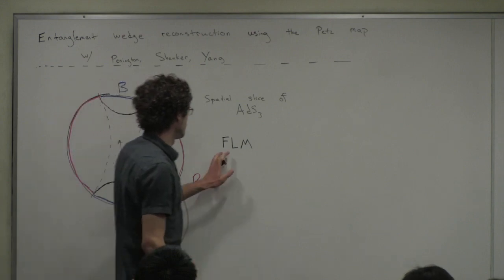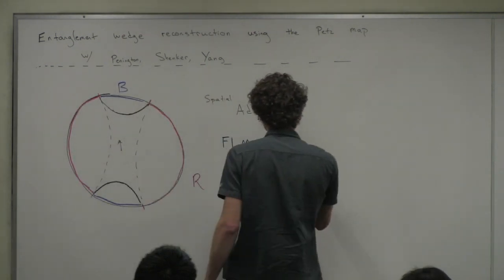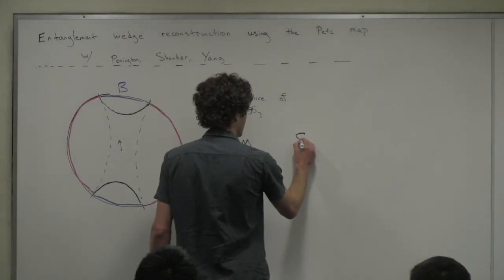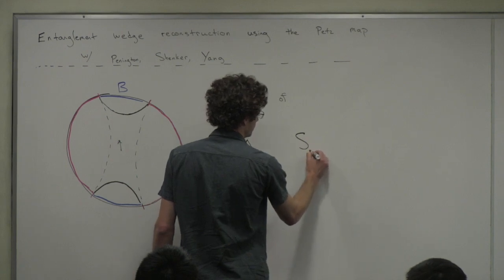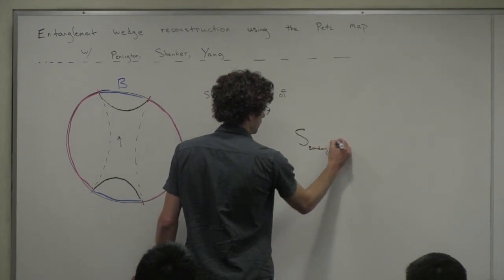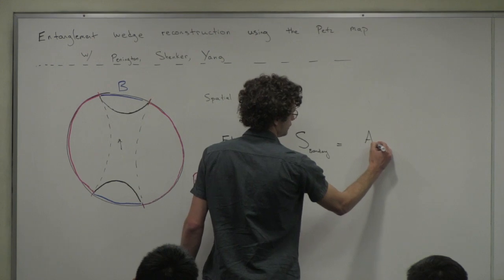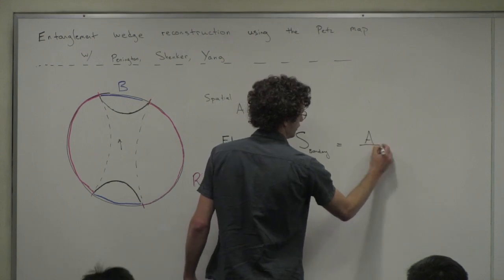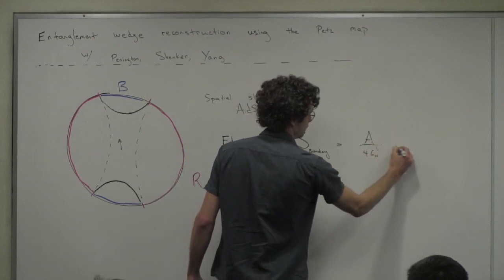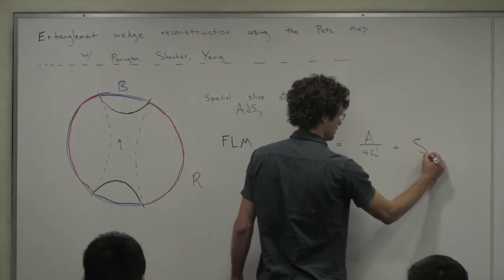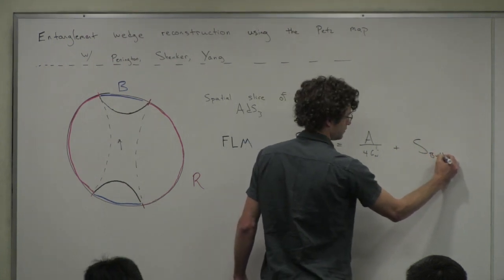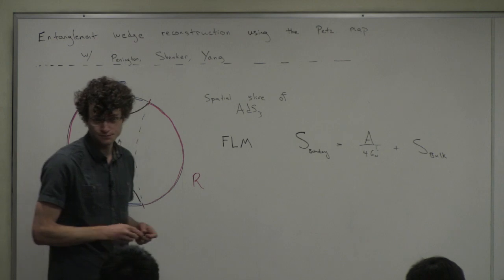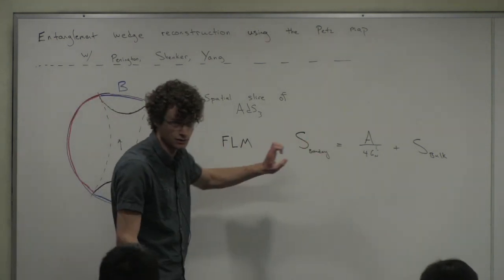So the Faulkner-Lewkowycz-Maldacena paper showed that the entropy of a boundary region is equal to the RT formula, the area divided by 4G Newton, plus a correction term, which is the bulk entropy inside the entanglement wedge. And this formula really settles the question.